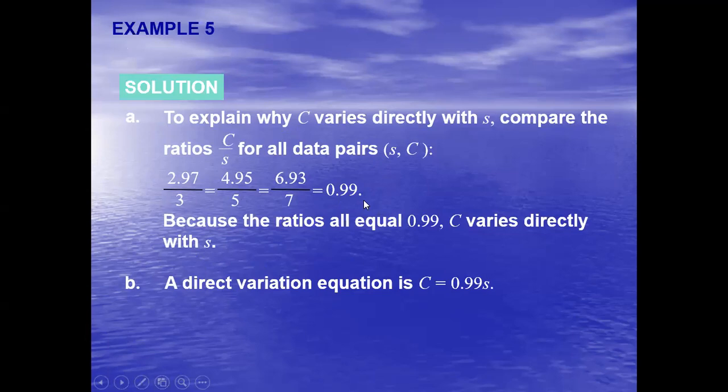So it's always the same number. Because all the ratios equal 0.99 after we simplify, C varies directly with S. And the direct variation equation is C equals 0.99 S.